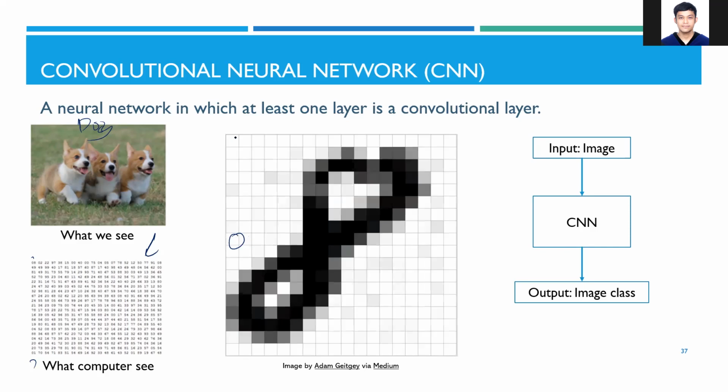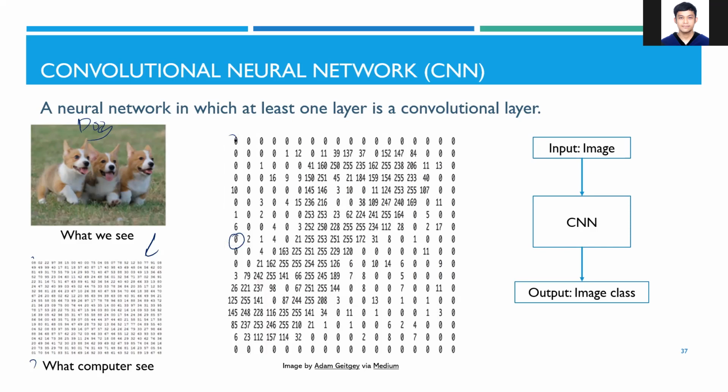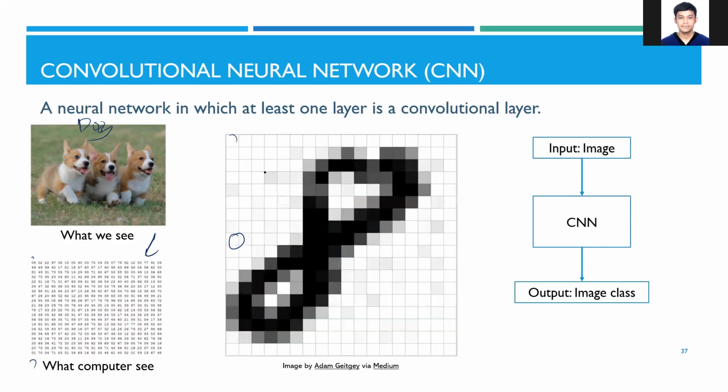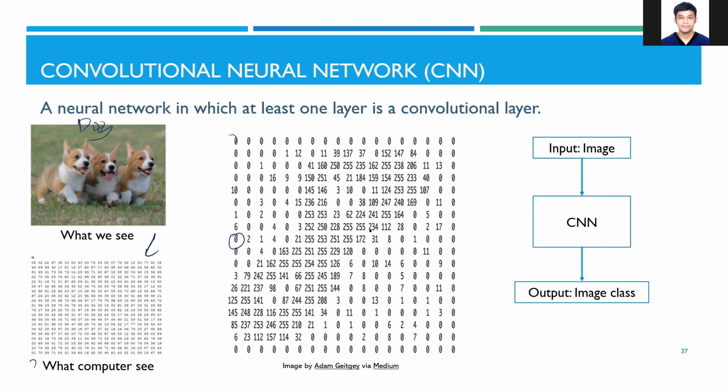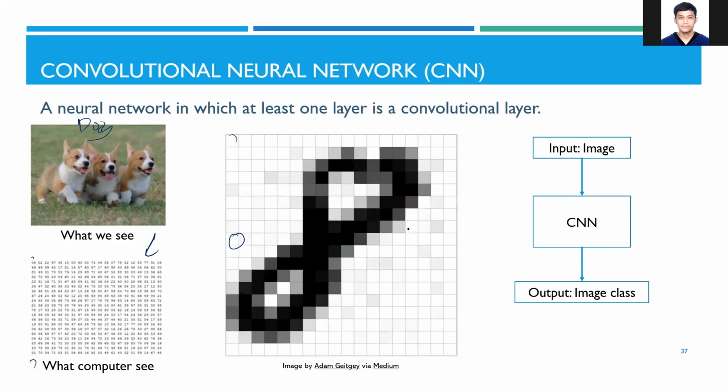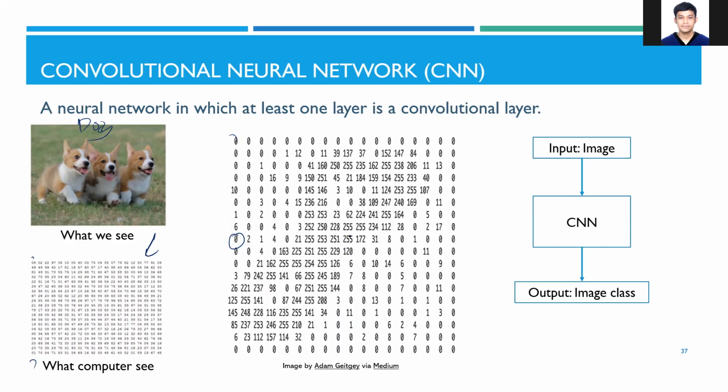Each pixel is one node. You can imagine each pixel is one attribute. So for a 4K picture, of course the size is very big.